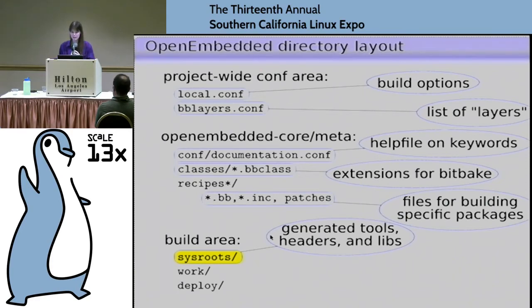In particular, sysroots, you have the generated tools, headers, and libraries all fall under the sysroots area, but you'll have different places under sysroots for the things that are your cross-compiled libraries and headers, and for things that are your native tools that are your bonuses to add to the host tools that you installed with your package manager.